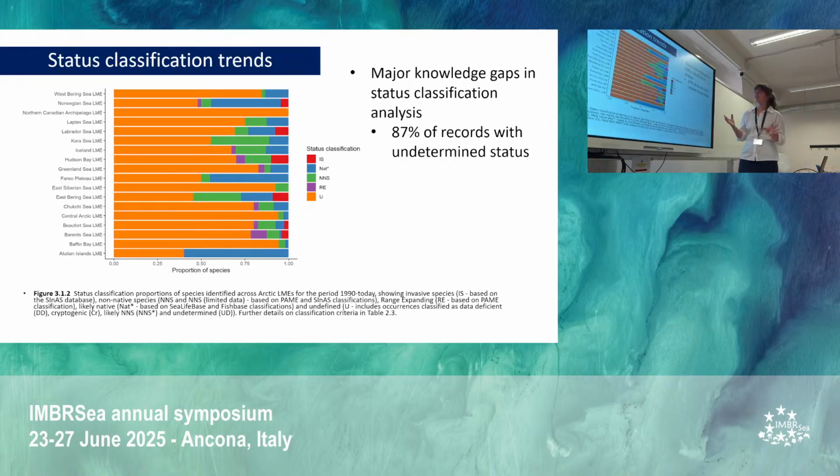When you classify the species as introduced, range expanding, invasive or likely native, it took a long time to calculate around 409 species. So I didn't have time to look into introduction, and I also feel that's an area that much of the research is aiming for.